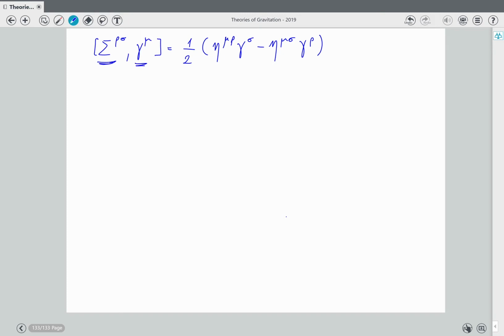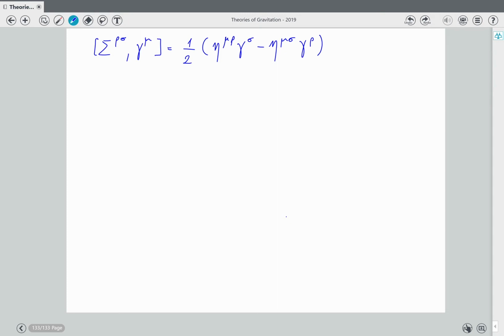This is a vector. When you take a vector and apply a Lorentz transformation, you get a vector. All right. It's just necessary if you want to check the coefficient in front, because necessarily this has to be a combination of gamma matrices. It has to be built like that. It has to be anti-symmetric in rho and sigma.